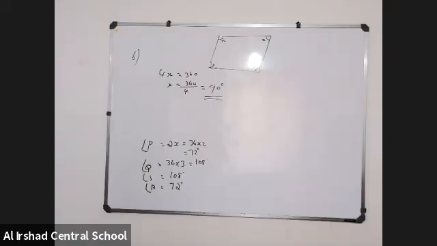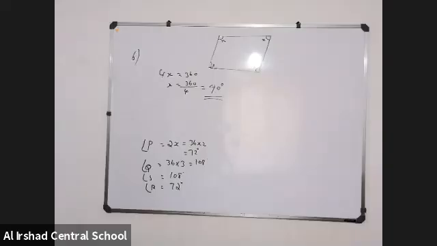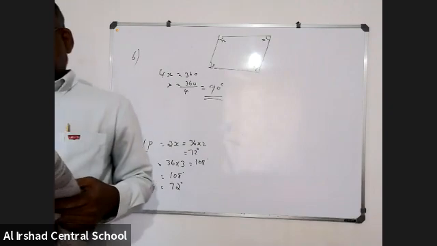Now, 7th question. All of you check the figure. It is a parallelogram. Find the angle measures x, y, and z. All of you draw the 7th figure first. The figure is given in the textbook.